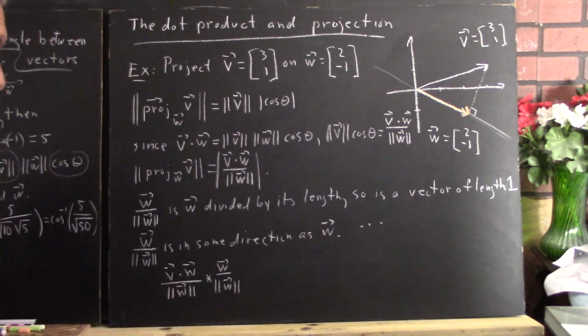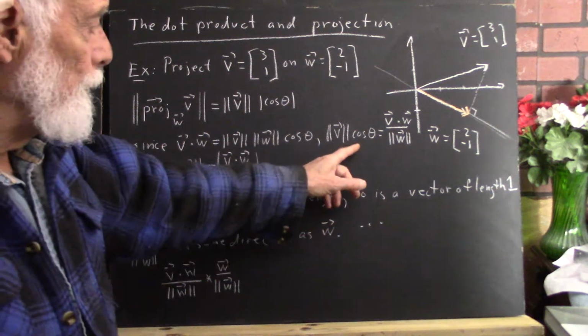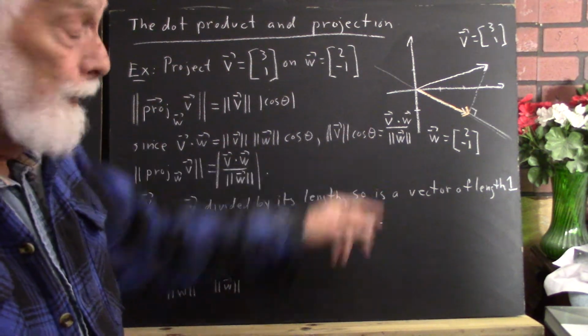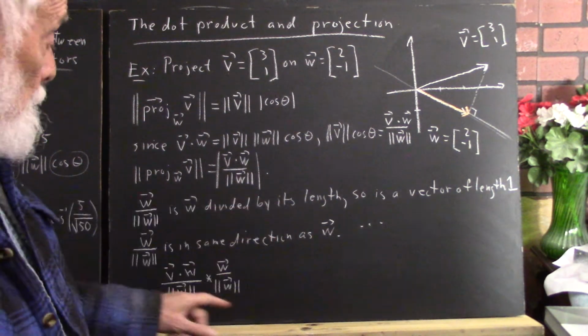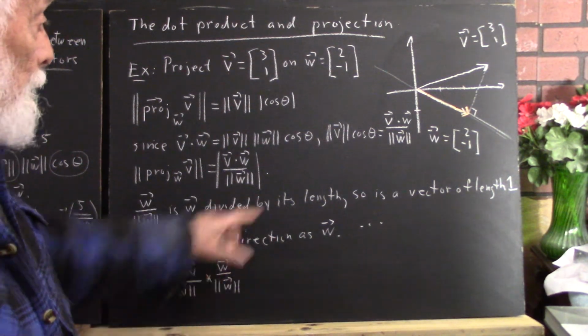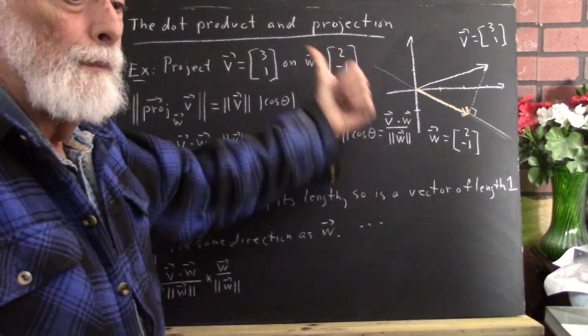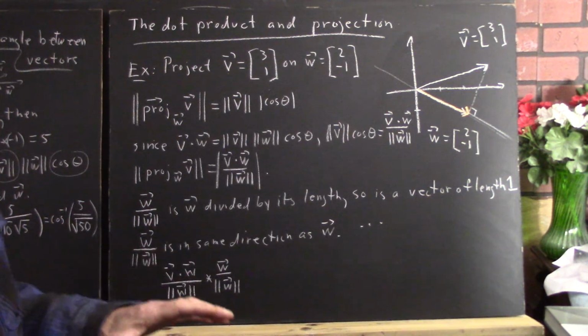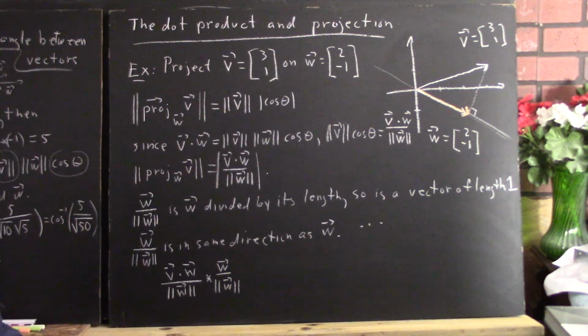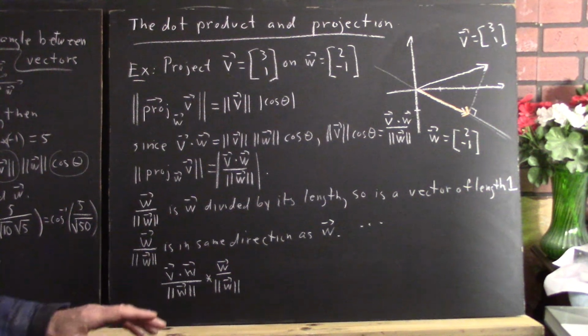There's a little more to it. Remember, this thing could be negative. Well, if it's negative, that's okay, because if you multiply this by this and this is negative, that means it's in the opposite direction of W. Now, I'm not going to get into all the detail of that. We'll do that argument more thoroughly later on.